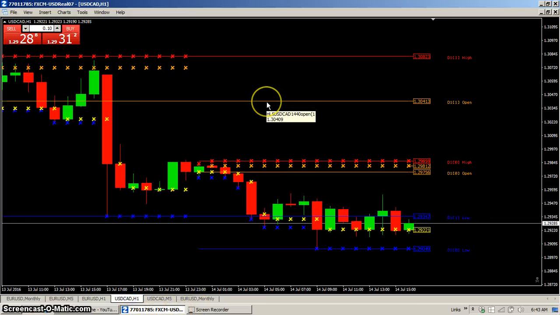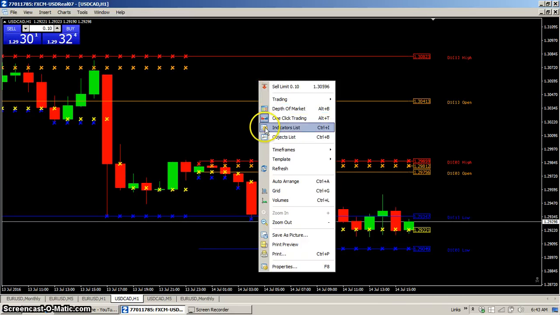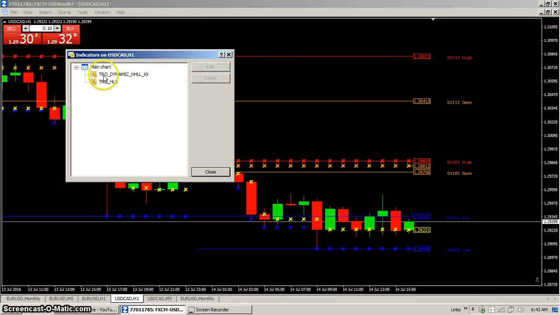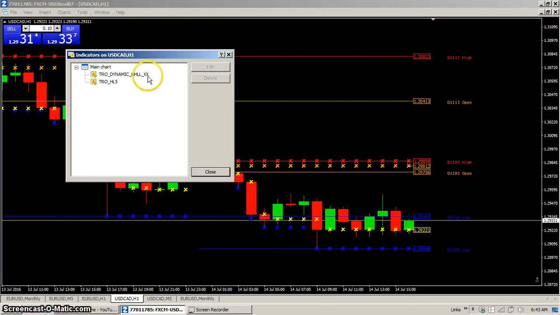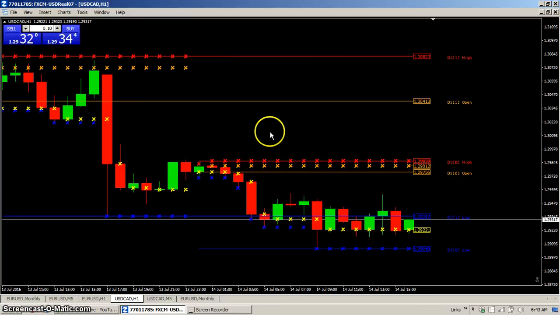So let's look at it. Now on this particular screen, I've got the TRO Dynamic HHLL XX. I probably should have called it Holo, but because I use the X's, I just called it XX. Here the blue X's show the daily low.